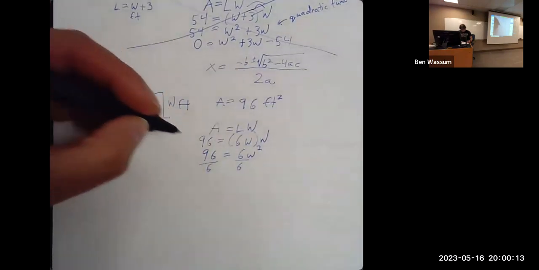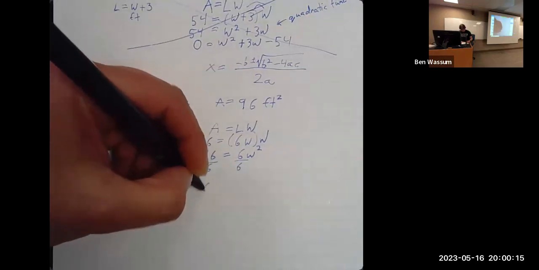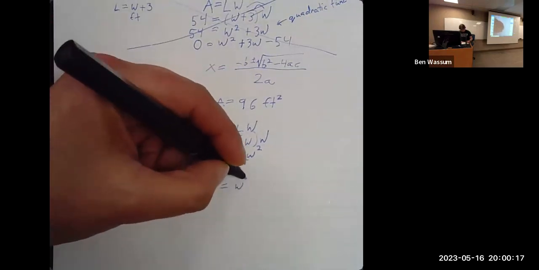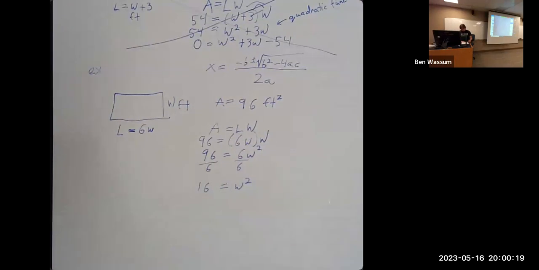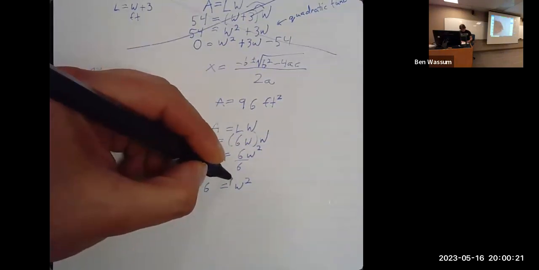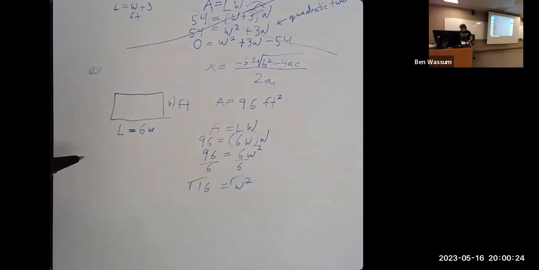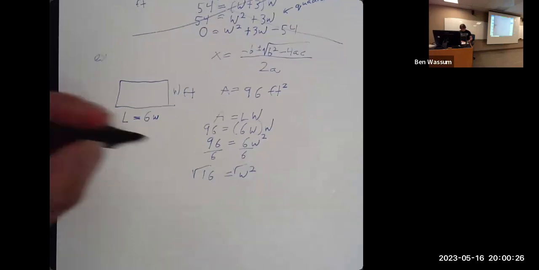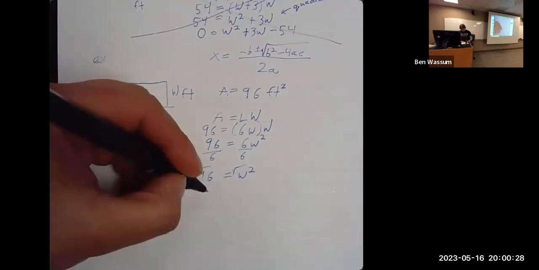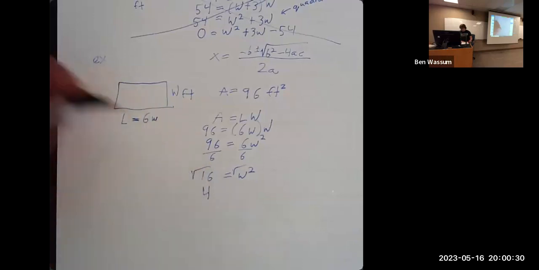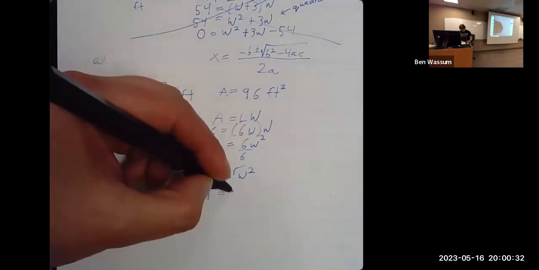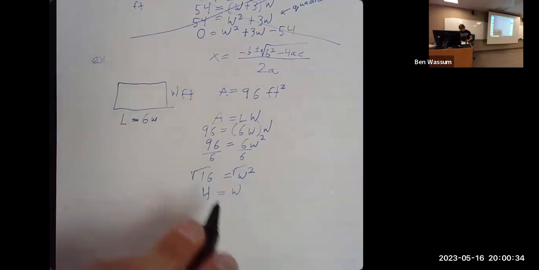96 divided by 6 is 16. And then to find the width, we would have to square root both sides. The square root of 16 is 4. So we get that the width is 4.